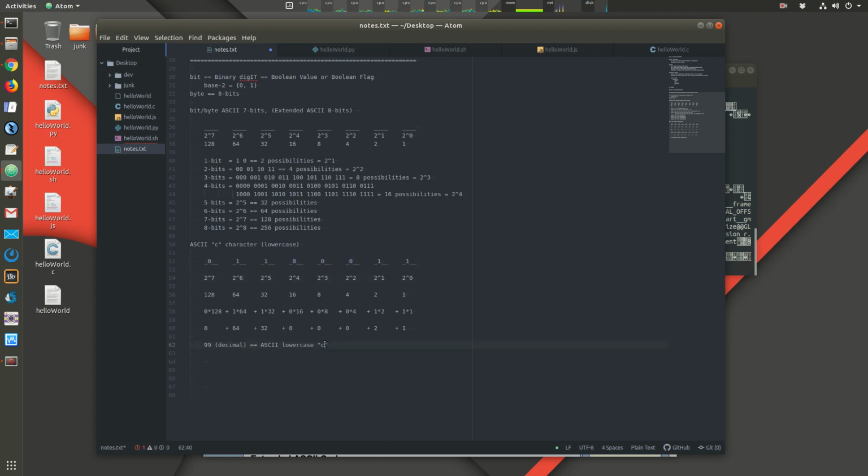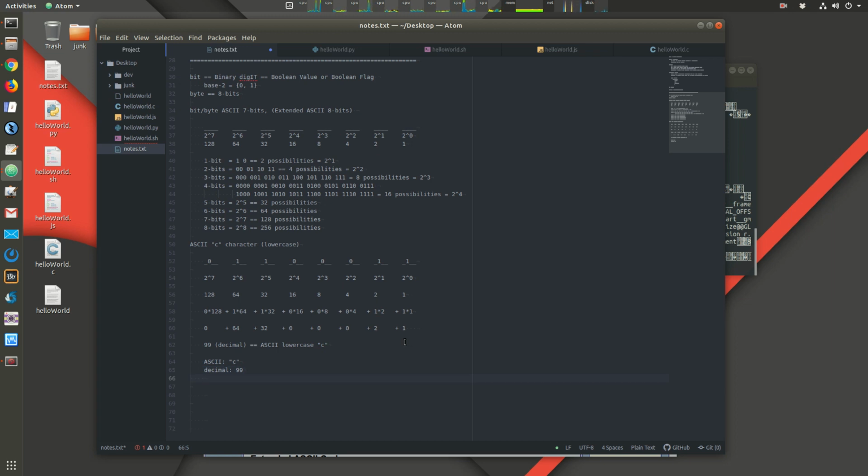Alright, so let's look at a little bit more about this ASCII C character. Alright, so this is a lowercase c. So in ASCII, this is obviously the lowercase c. In decimal, this is 99.